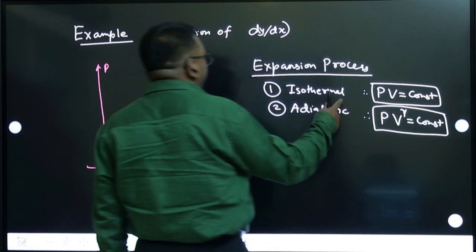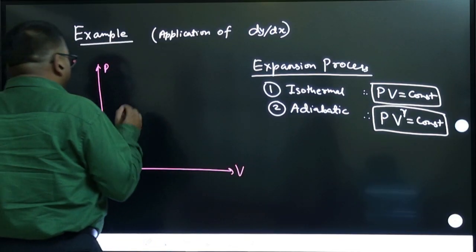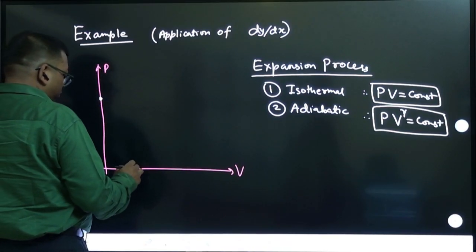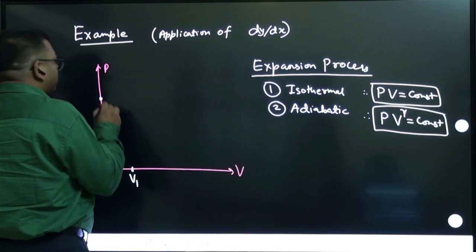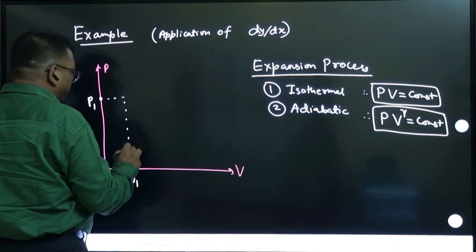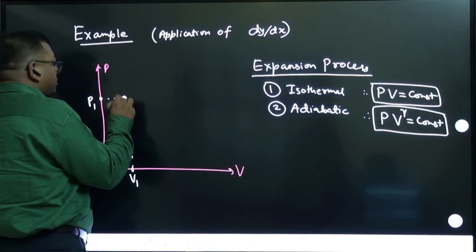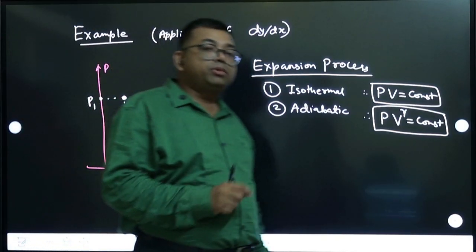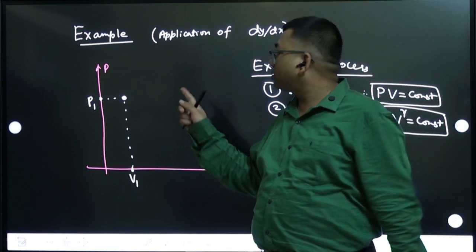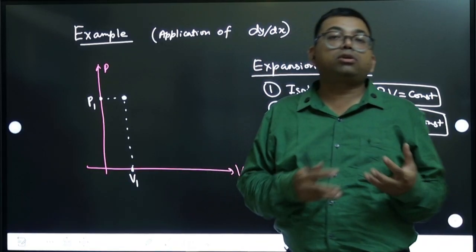If I try to draw this graph, this is called a rectangular hyperbola. But let us take a particular pressure and particular volume. This is volume V1 and the corresponding pressure is P1. So there will be a particular point on this graph, which represents some state of the gas, a particular pressure and volume.